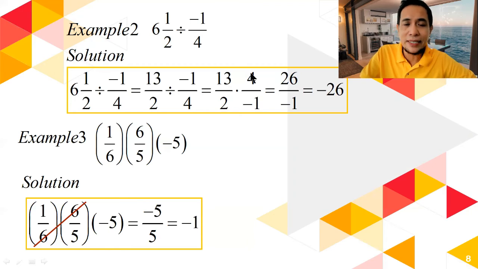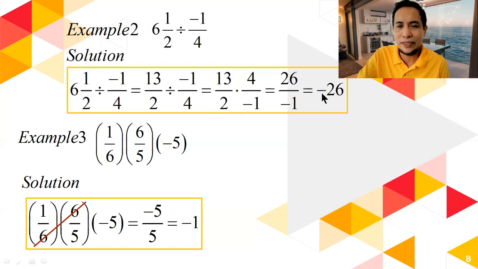You can apply cancellation. 4 divided by 2, the quotient is 2. 2 times 13, that's 26. This is now 1 times negative 1, negative 1. Or you can write the negative sign before the number. So 26 divided by 1, negative 26. So negative 26 is your final answer.